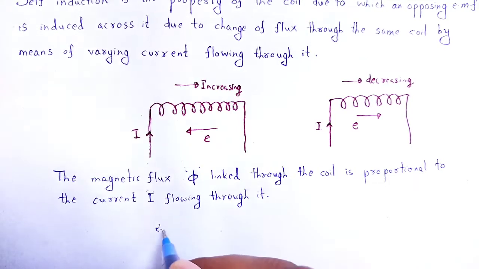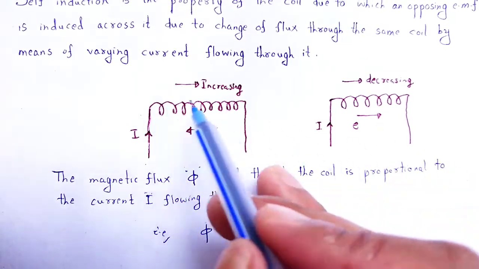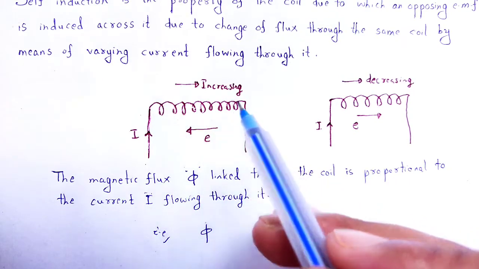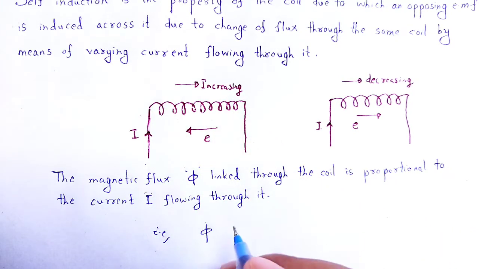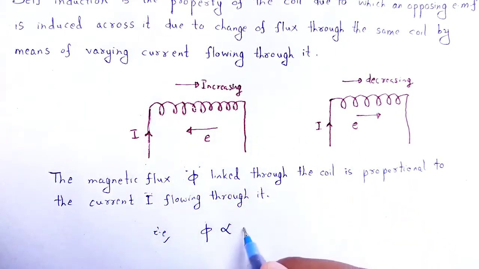That is, the total magnetic flux linked through that coil is directly proportional to the current I passing through that coil.